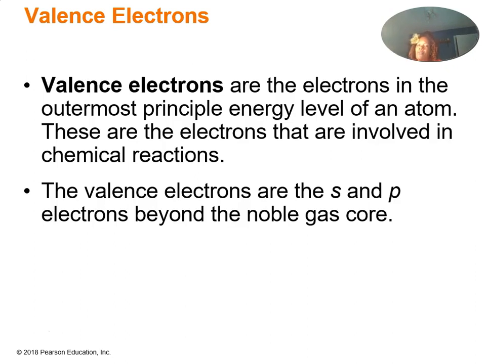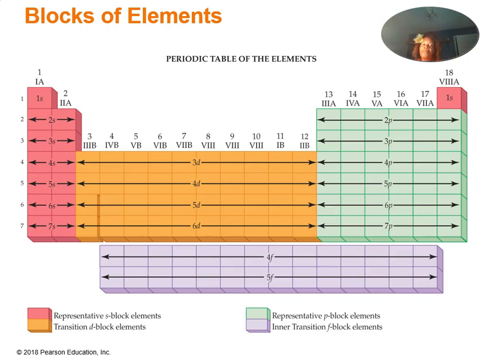Valence electrons are basically those electrons that are in the outermost energy level of an atom. So if I go back to my prior slide here, all the elements that are in group 1 have 1 valence electron. All the elements that are in group 2 have 2 valence electrons. We actually skip 3 through 12 because they're transition metals; you'll notice that we skip 3 through 12 a lot because they have variations of rules.